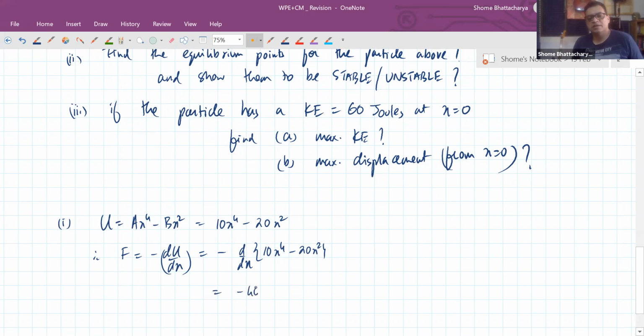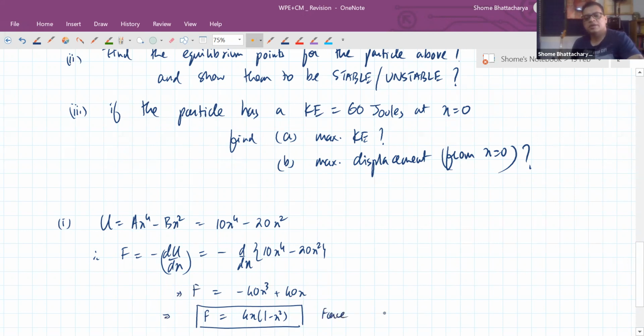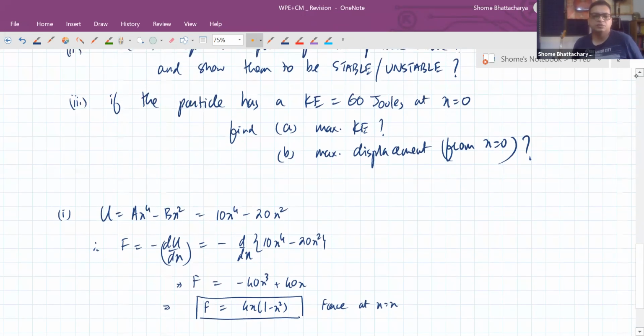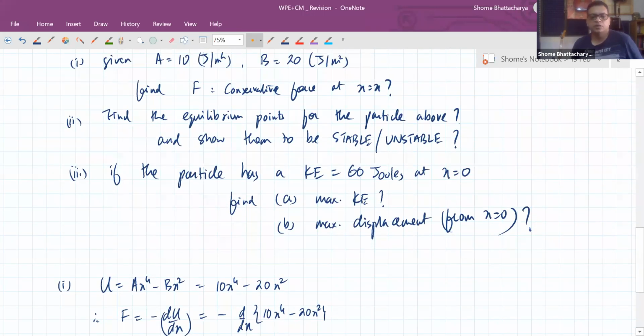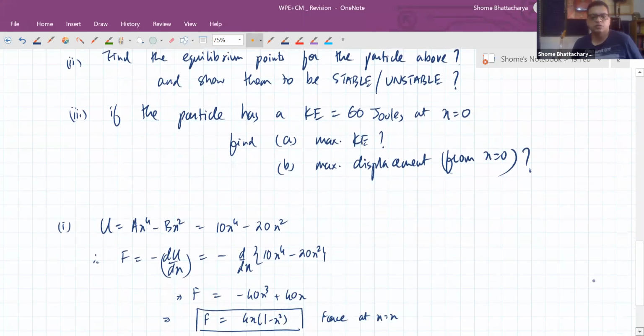As you can see, it will become minus 40x cube plus 40x. This is the formula for the force as a function of x. This is the force at x equal to x. So for example, now when I want to find the equilibrium points, the second part, we can see those are the points where the force should be 0.